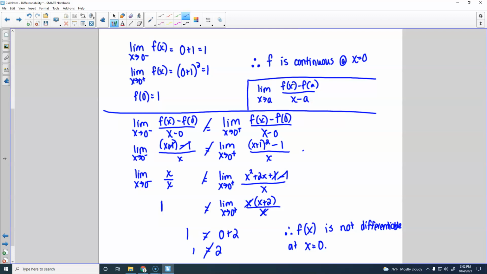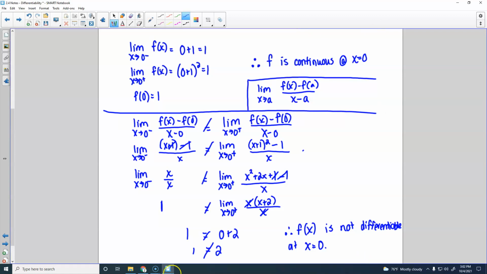You could do it that way, but you would have to plug in 0 at the end. This one automatically plugs in the number. You don't have to do the x and h's, which is usually a little bit longer, which is why I chose to use this, not forever, but for this.